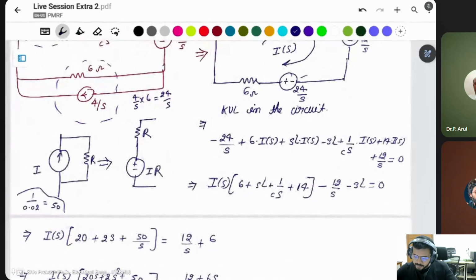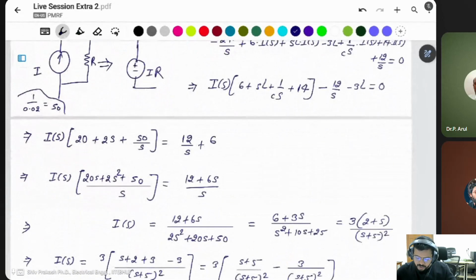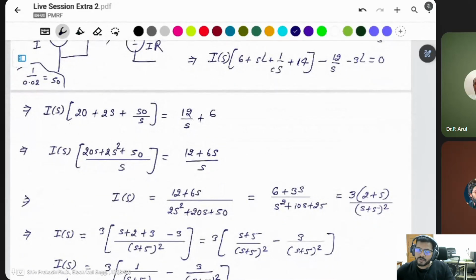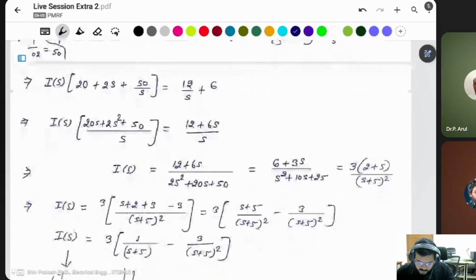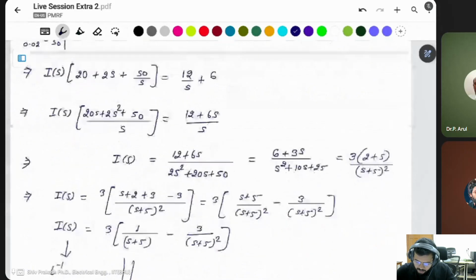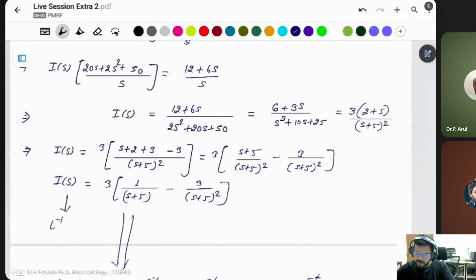Then after Laplace, the calculation is simple after the conversion. Here simply take a common factor, and after that, (3s+2)(5s+2) divided by (s+5) whole square.